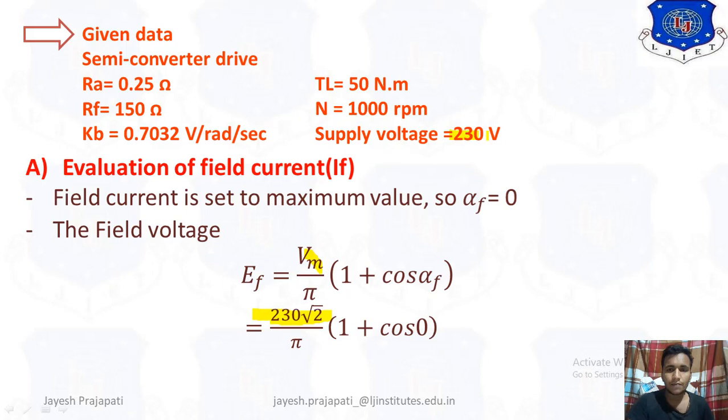From this RMS voltage we have to multiply with root 2, and alpha f is equal to 0, so we write cos 0, and here that is pi. We know that cos 0 is 1, so the solution for this equation is EF equal to 207 volt. That is the field voltage.